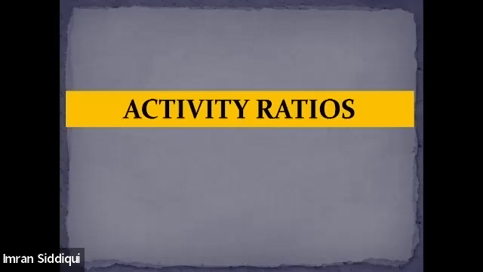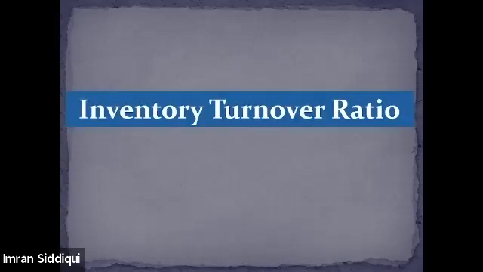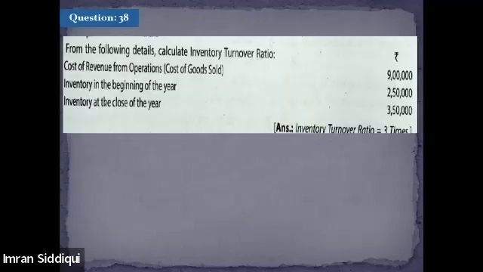All right, so moving to the question, under the activity ratio, the first ratio that we are covering is the inventory turnover ratio. We'll do this question first. Question number 38 says, from the following details, calculate inventory turnover ratio. Cost of revenue from operations is given. Now see, cost of goods sold is also called cost of revenue from operation.